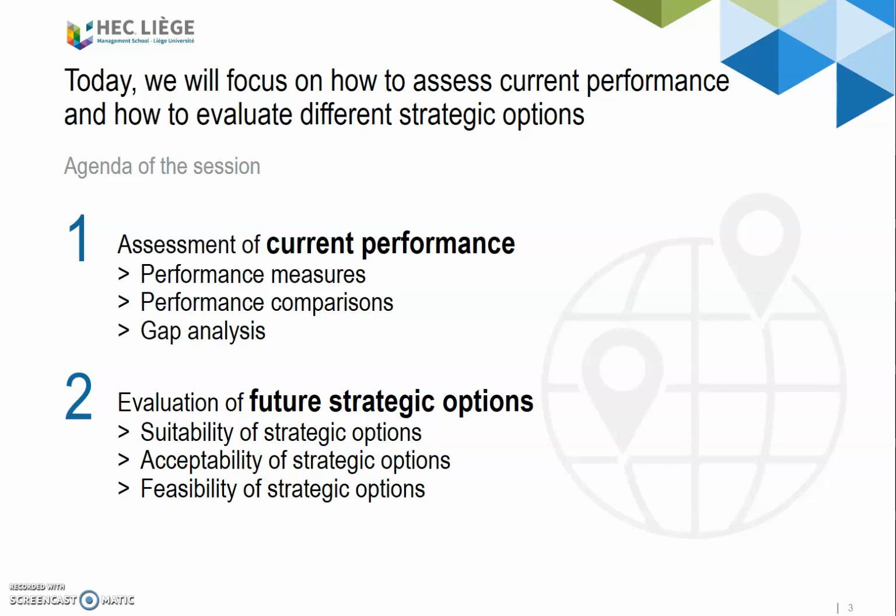And then at the same time as you evaluate your current performance, it's always important to evaluate future strategic options. And there we'll see a very famous framework, which is called the SAFE framework. S for suitability of strategic options, A for acceptability of strategic options, and F for feasibility of strategic options. So that will be later on today.